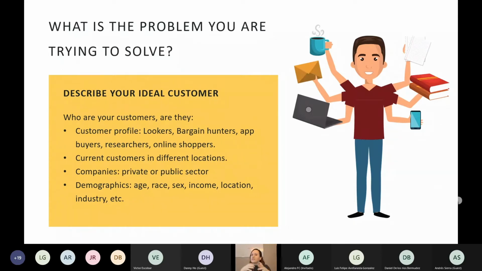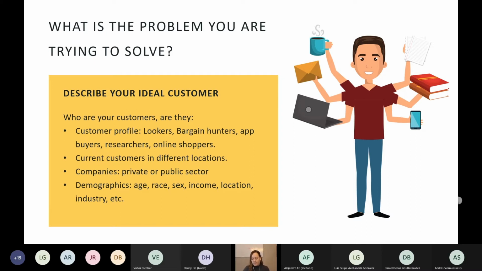So you need to understand where is farming located? What type of farming are we targeting, right? Is it cattle? Is it corn? Is it soy? What is it we're trying to do? So try to picture your customer, which are the companies or persons that you're trying to target, and describe how they behave, right?